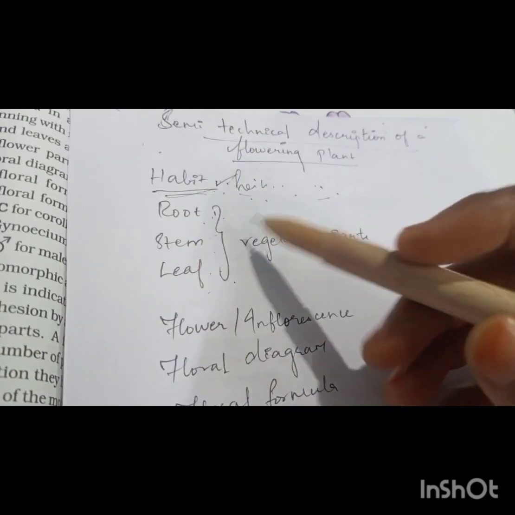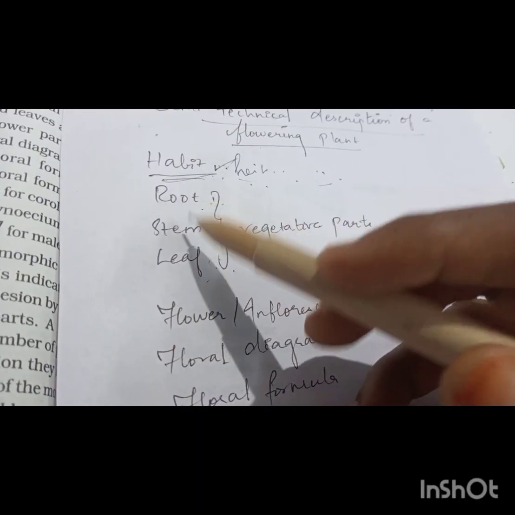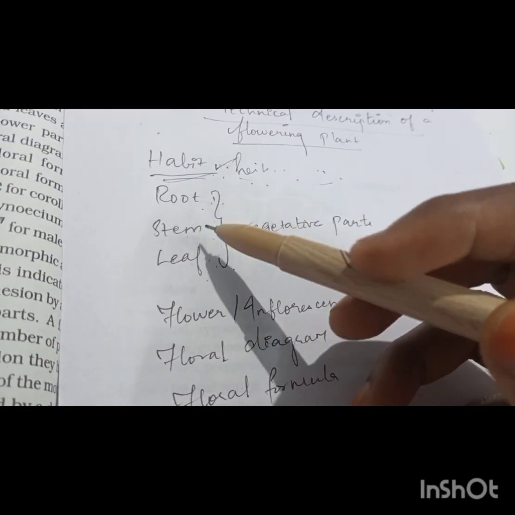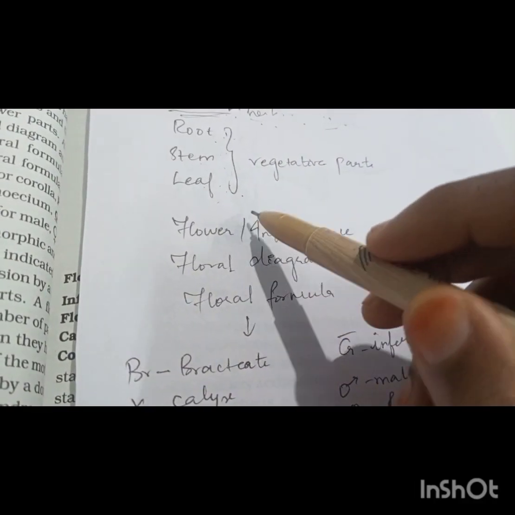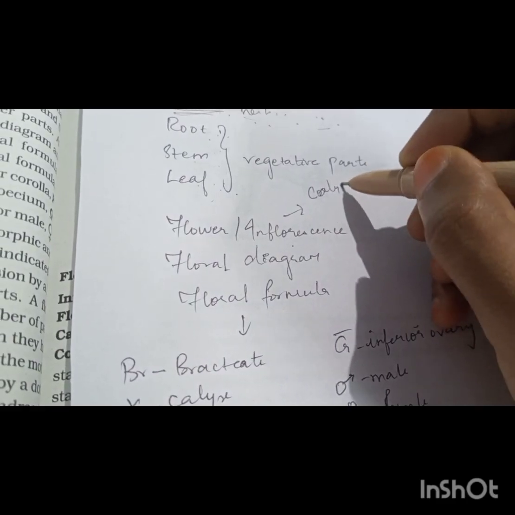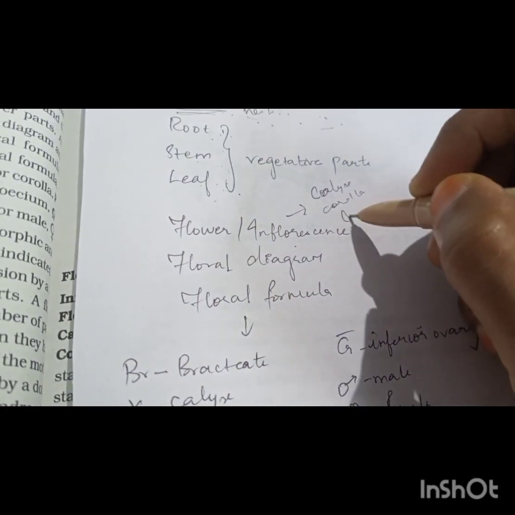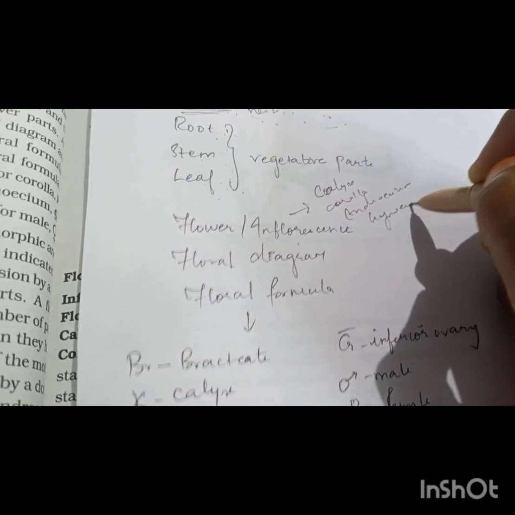And next, after habit, you have to give some description of the common characteristics of the root, stem and leaf. After that, you will go for inflorescence and flower. In that, you will discuss calyx, corolla, androecium, as well as gynoecium.